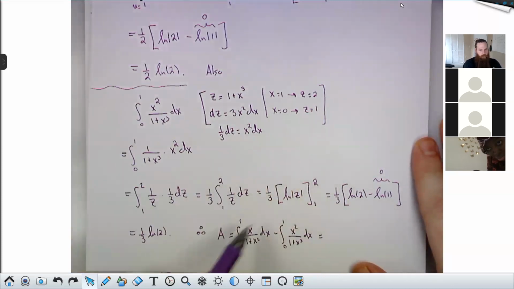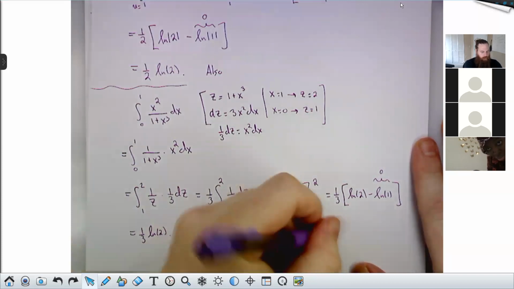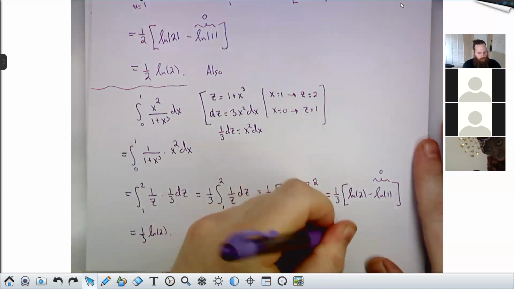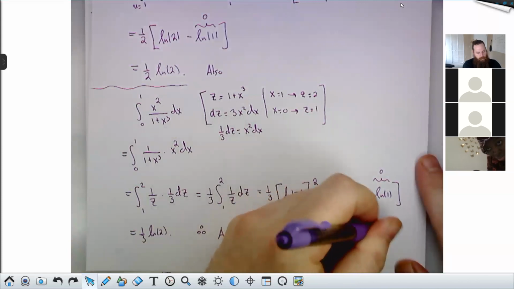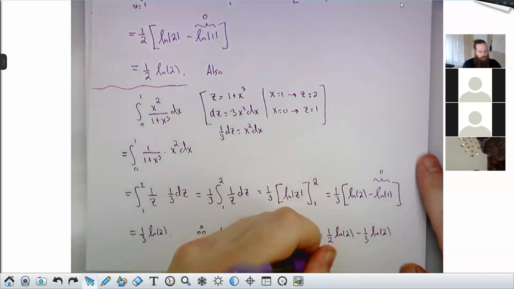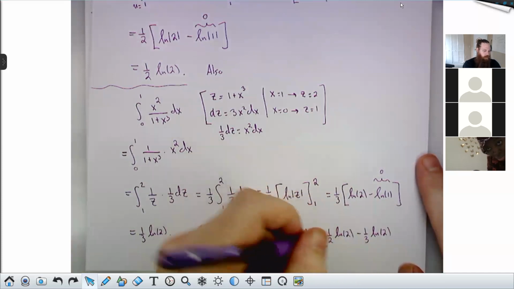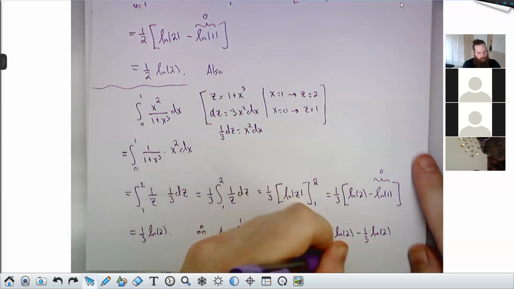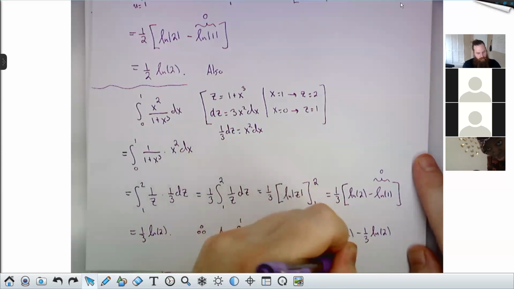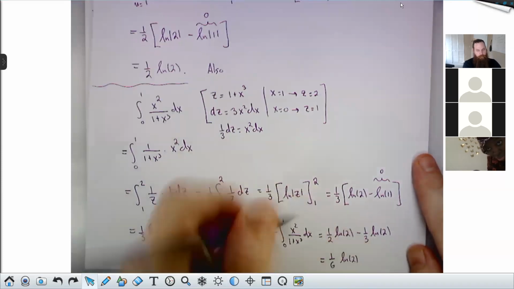The first one we found to be 1/2 ln 2. The second one we found to be 1/3 ln 2. So we get 1/2 minus 1/3 times ln 2, which is 1/6 ln 2.